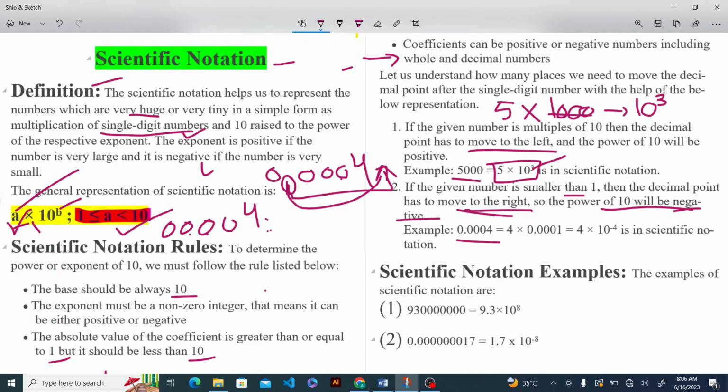Sorry, there is an error here. It should be 10 raised to power minus 5. Let us continue the example.